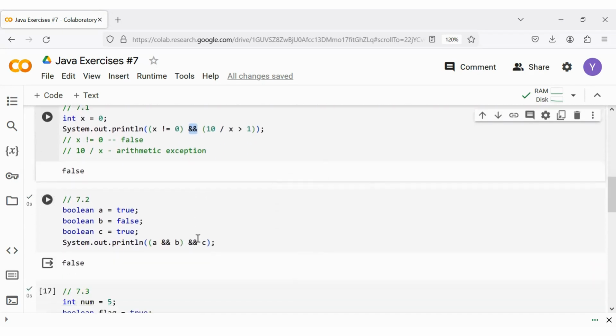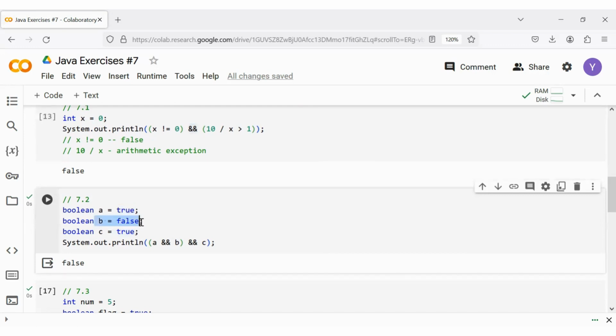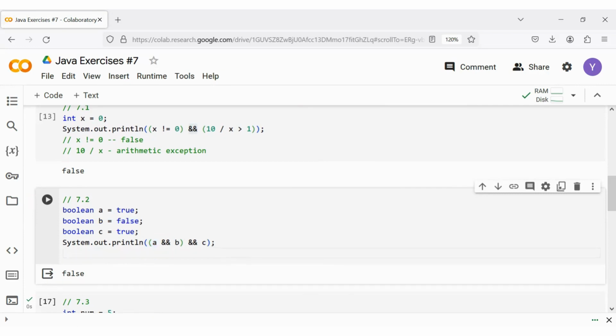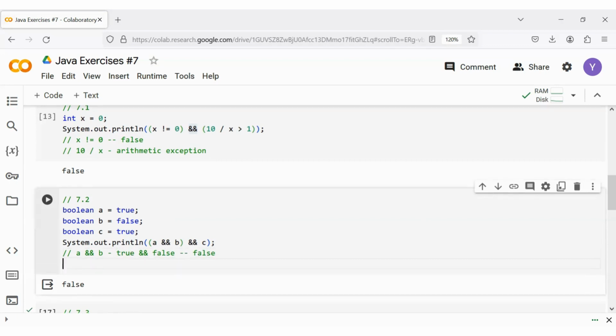Moving on to 7.2 here, we have Boolean A, B, and C with different initializations, where for A and C you have true, whereas for B you have false. So here we do System.out.println A and B. A is true, whereas B is false. So true and false, I will get false.